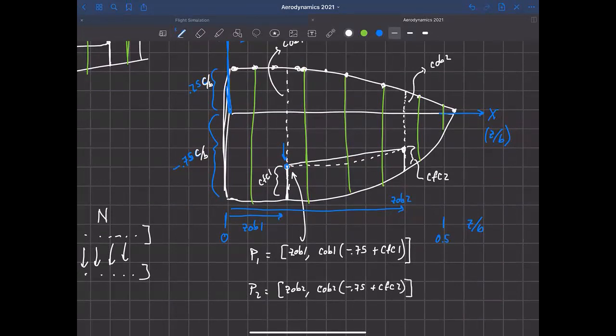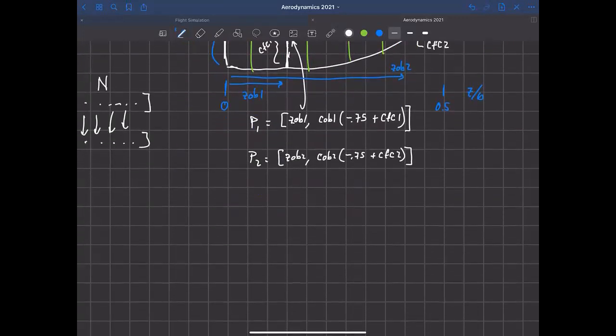Okay, so I now have two points, and I can draw a straight line between those two points in this XY coordinate system. I don't know that equation off the top of my head, and just so that I don't give everything away, let's just say that there's an equation for how to draw a line through two points.